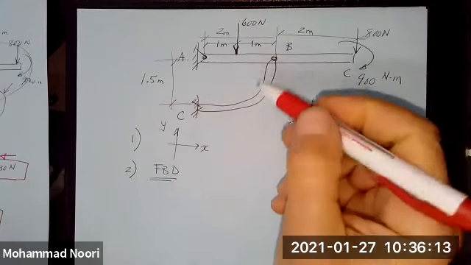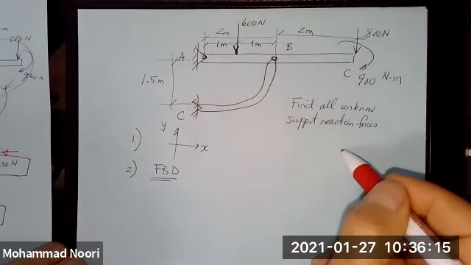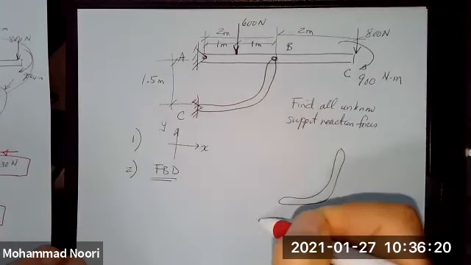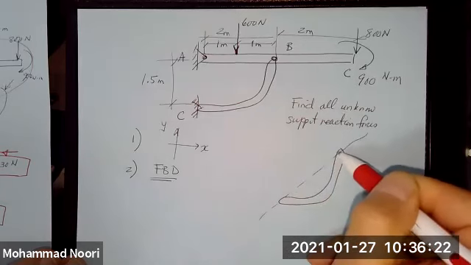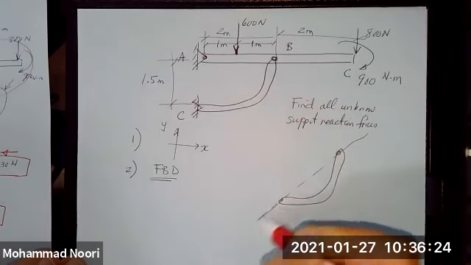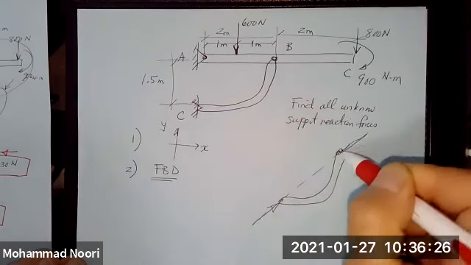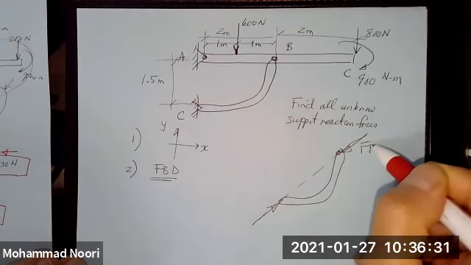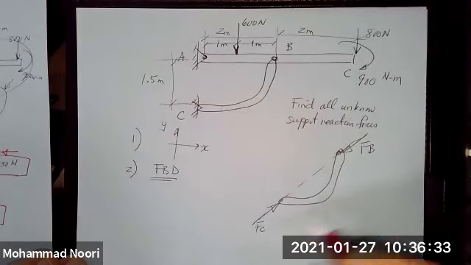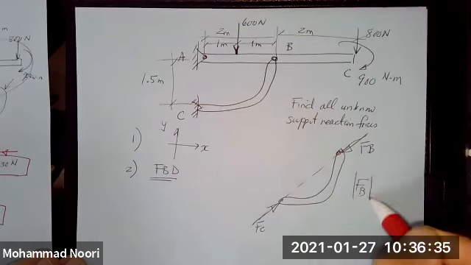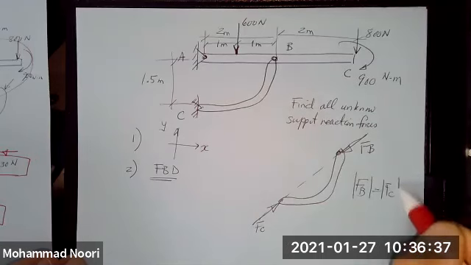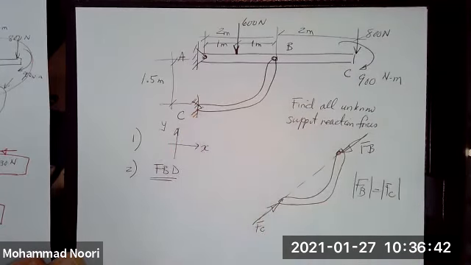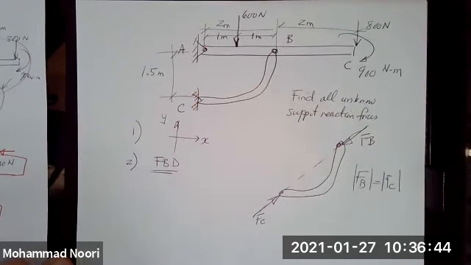That means if this piece is going to be in equilibrium, you have to have only one force acting in this direction and this direction. So let me call this FB and FC. FB, of course, is equal to FC. So this support represents only one unknown.